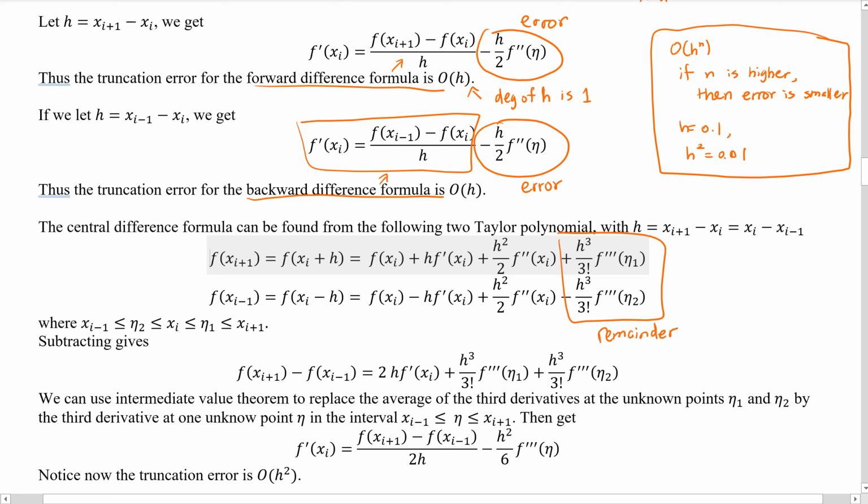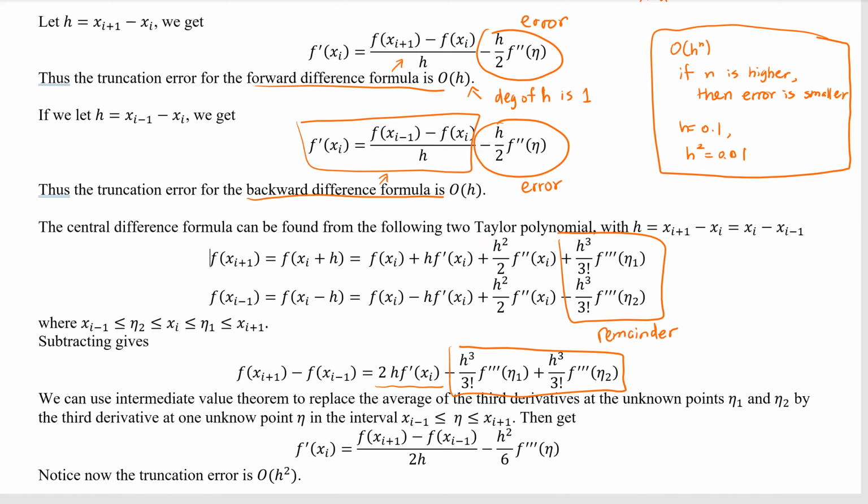Okay, so if we subtract those two equations, you see f of x_i cancels, we have 2h f prime of x_i, and this term also cancels, the second derivative cancels. Now we have the h cubed terms.